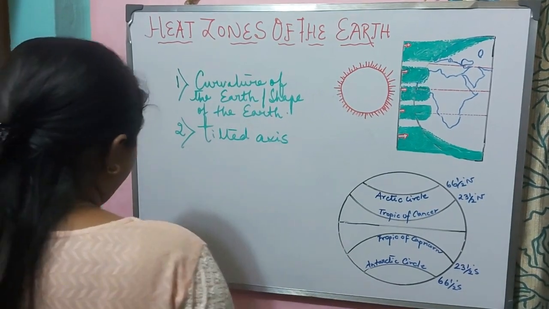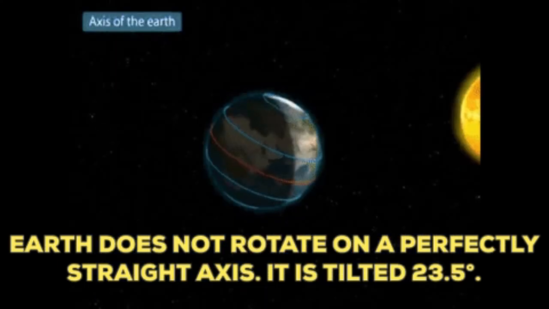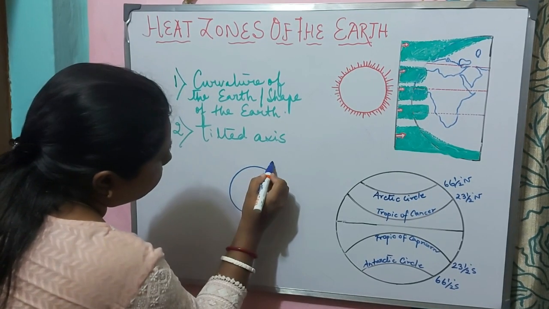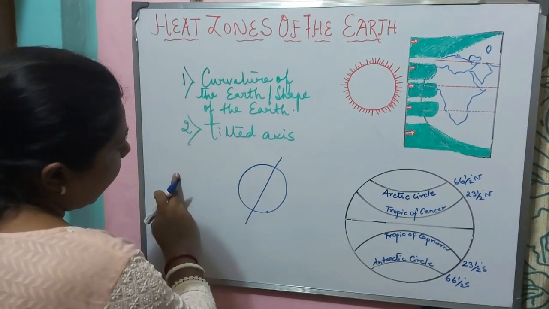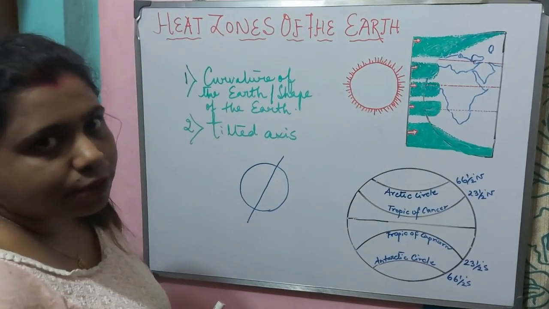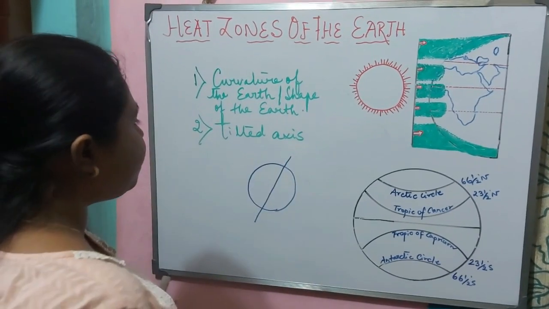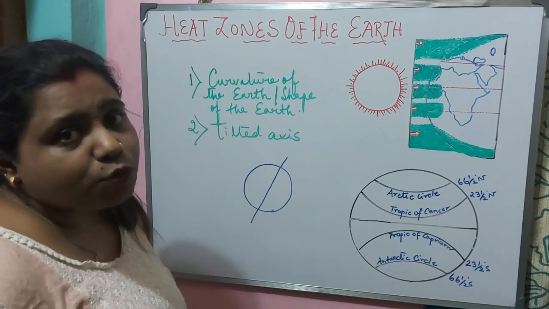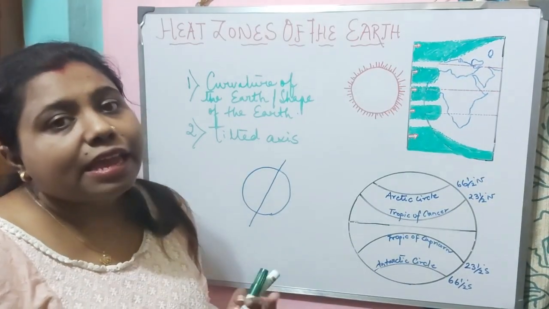We know that the axis of the earth is tilted at an angle of 23.5 degrees. So because of this tilt, the amount of sun rays also differs. Clear? So what are the reasons? Curvature of the earth or shape of the earth, and the tilted axis. That is why we can see that the earth is divided into 3 heat zones.